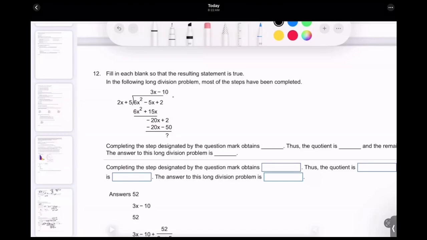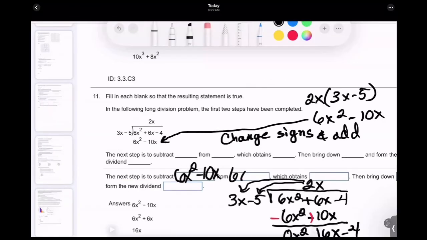So you bring down the -4, and then you get, yeah, that should be right. 36x minus 4. That should be right. Okay. Which one is it saying is wrong? The next step is subtract 8x. Well, wait, let me look at mine. No, I think you have to write the whole term.